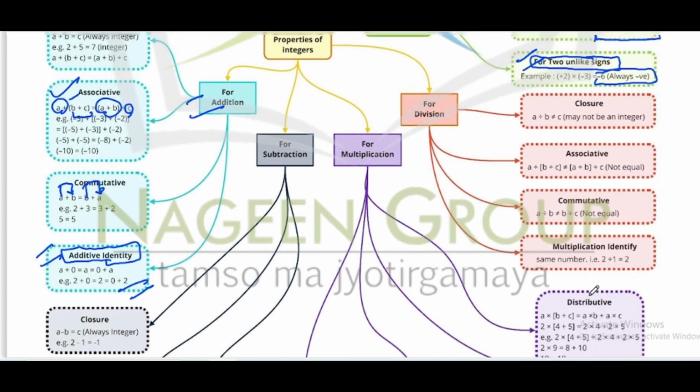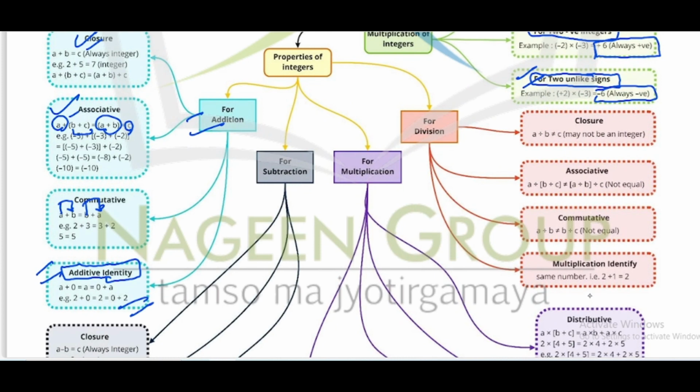The next is division of integers, closure. If we divide A by B, then the result may be an integer or may not be an integer.